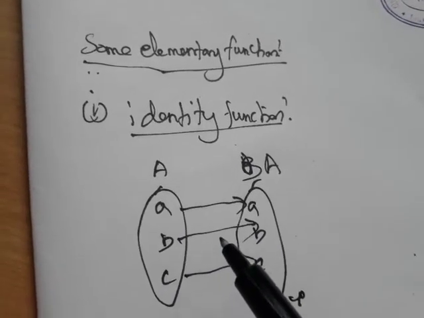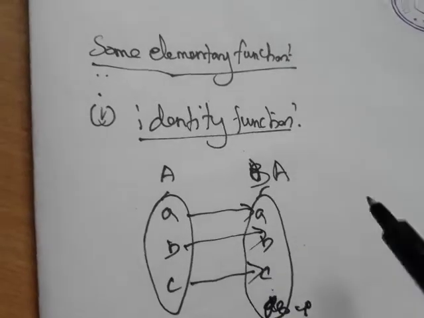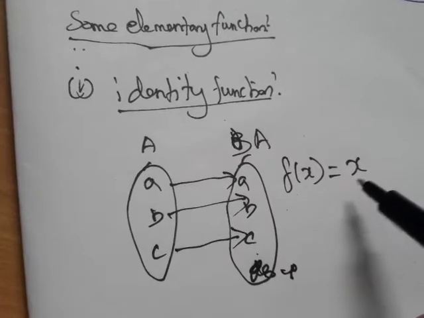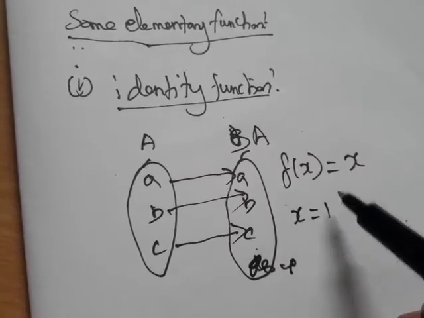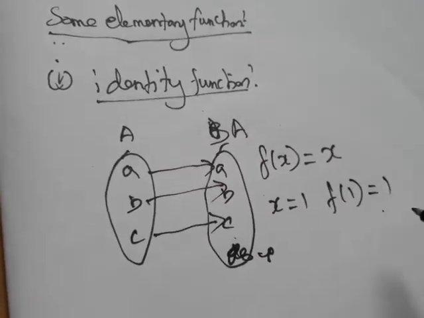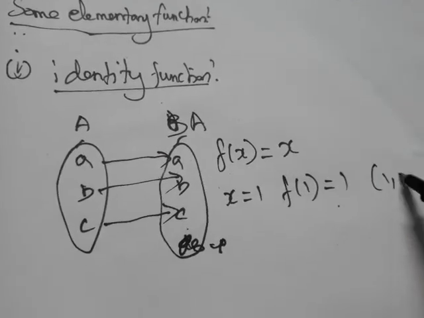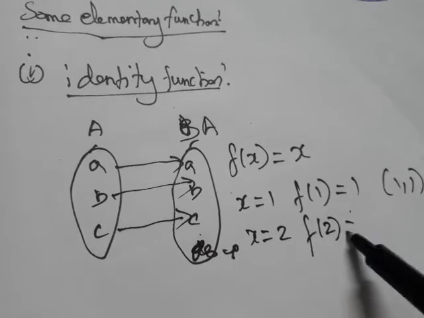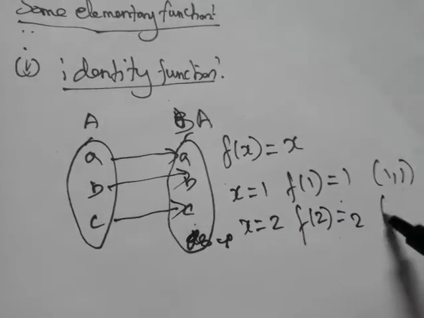Let X be a non-empty set, then f of x equals x, which means the function does not change the value. If I put x equal to 1, f of 1 is also 1, so we get 1 comma 1. If I put x equal to 2, f of 2 equals 2, so 2 comma 2.